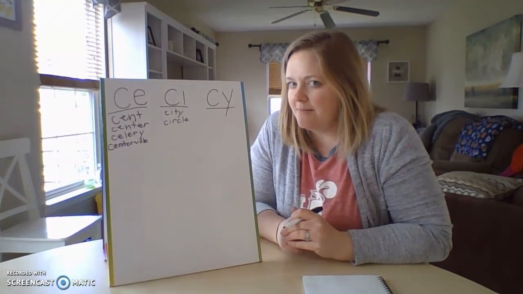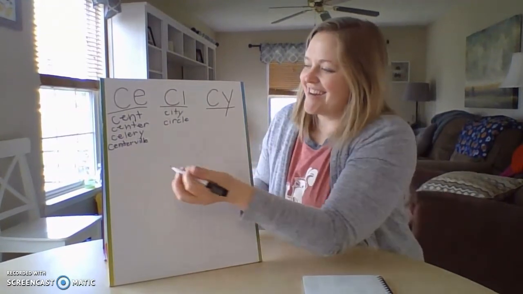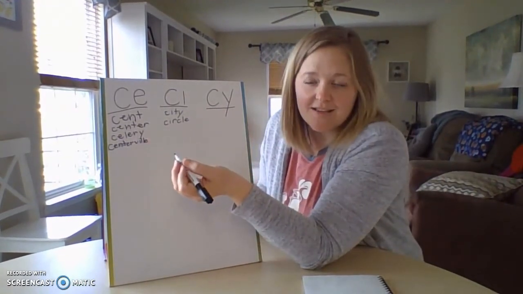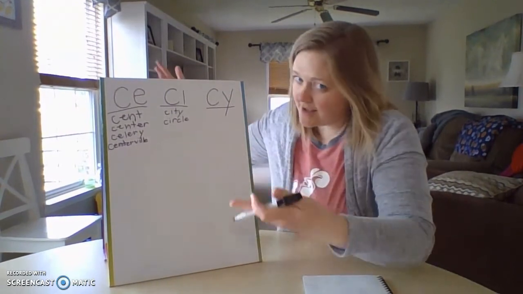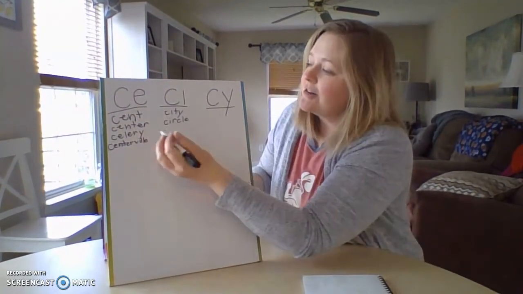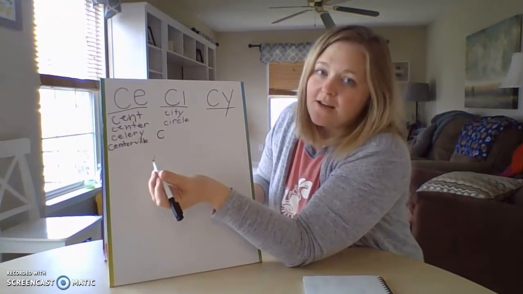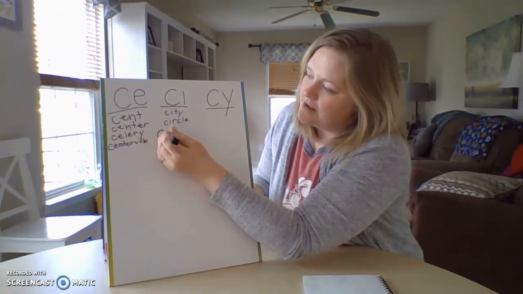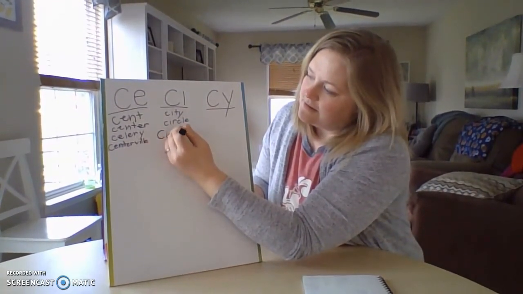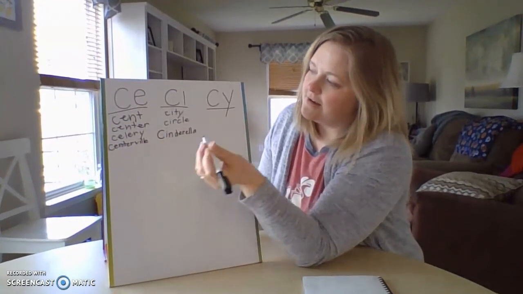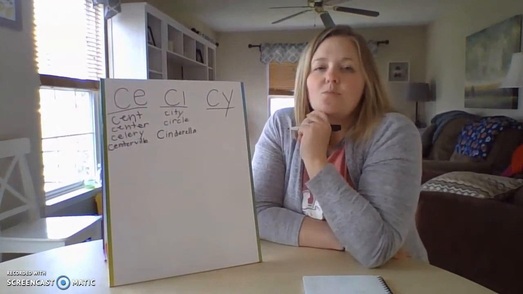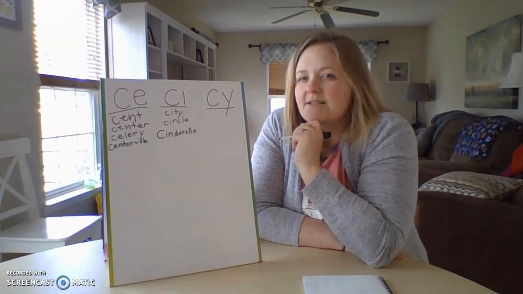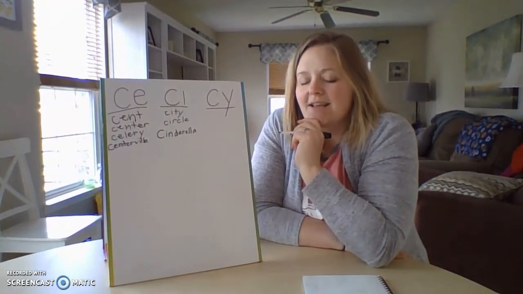What is her name? Cinderella. You have it. And now Cinderella is her name, which means it is a proper noun, darling. So we're going to begin with an uppercase C. Cinderella. Very good.